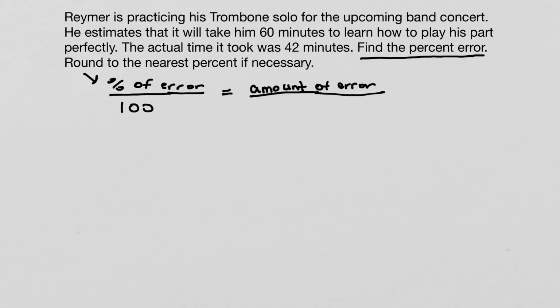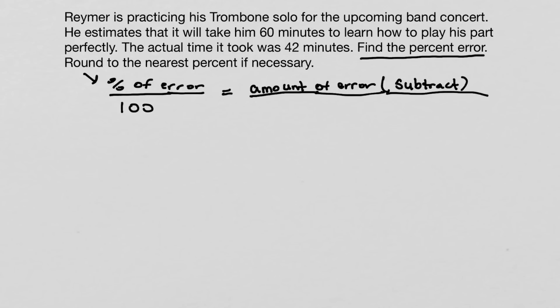Let's think about how to calculate the amount of error. If Raymer thought it was going to take 60 minutes, but it actually took 42, by how many minutes was he wrong? Hopefully you realize that in order to find the amount of error, you're going to subtract. This is exactly what we did yesterday when we talked about percent of change.